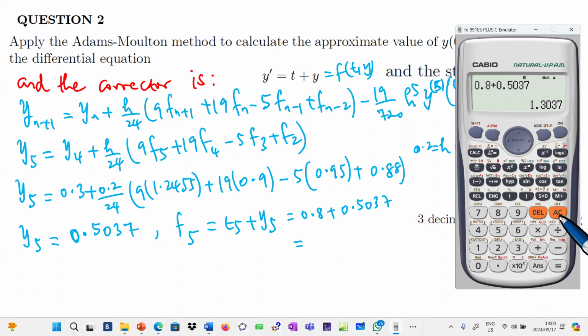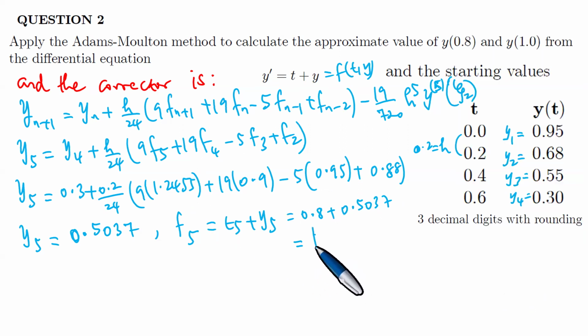Okay, then we're getting F5 is 1.3037. That is our F5.